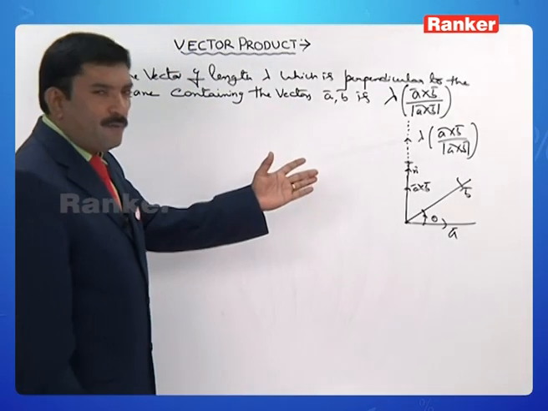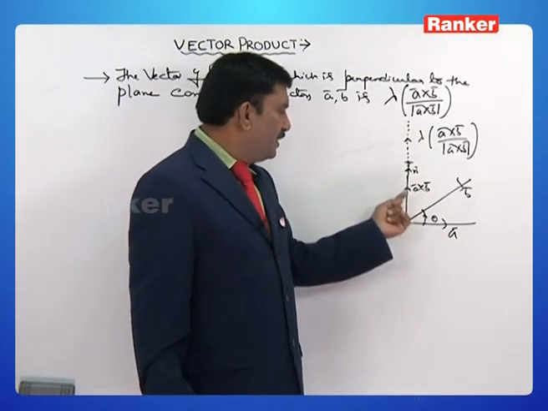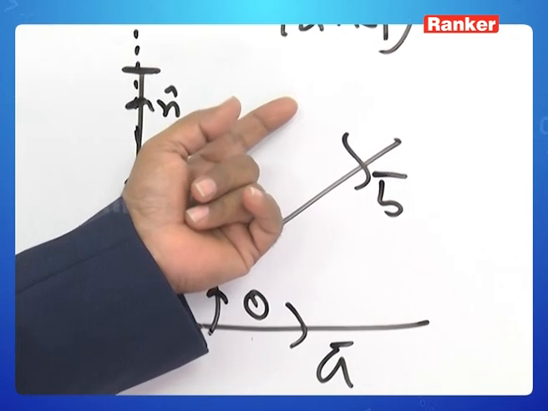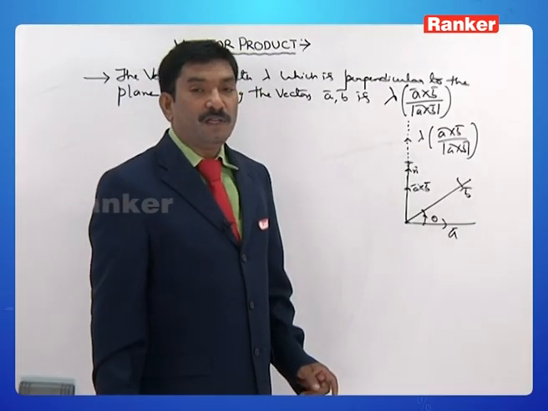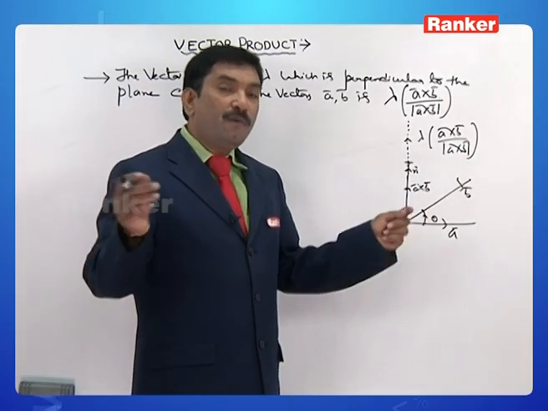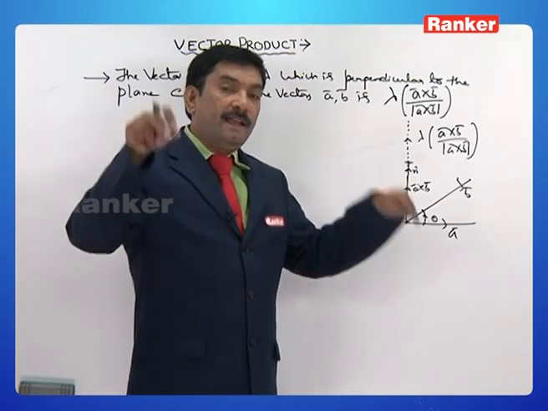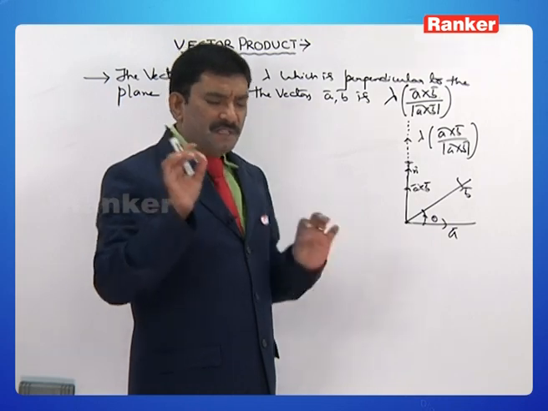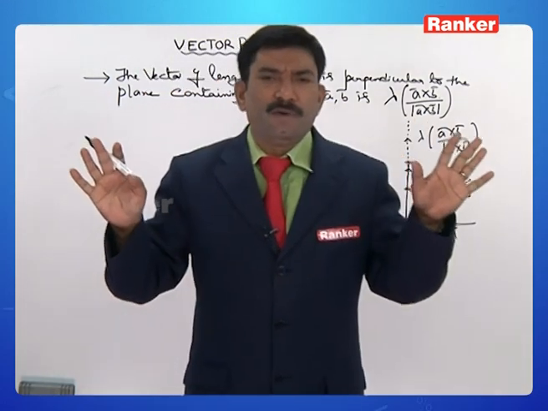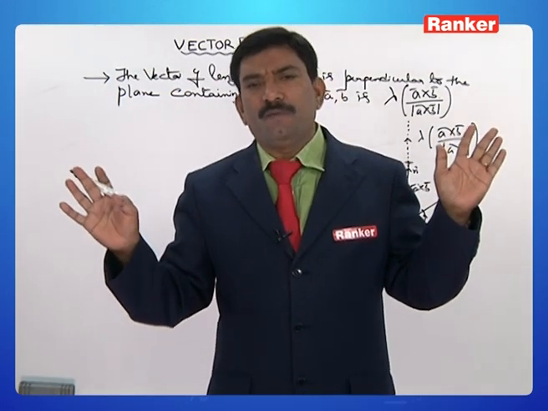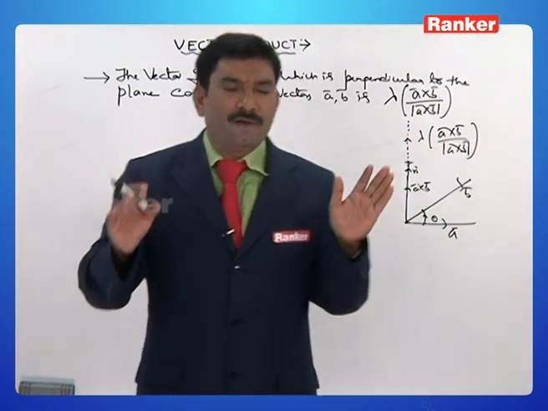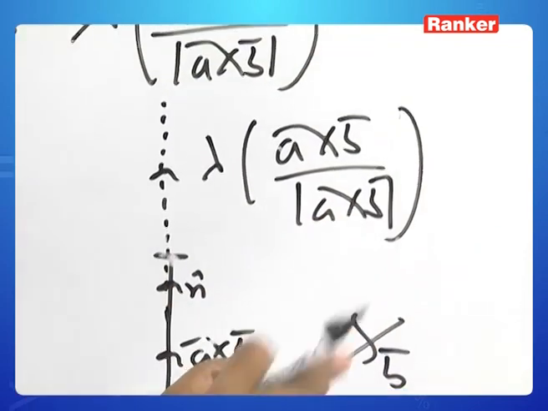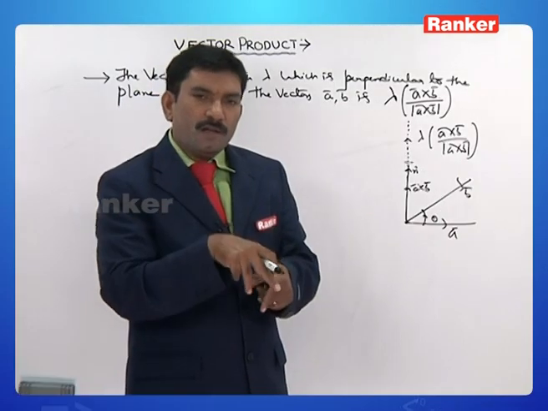Why? We made n cap equal to A cross B by modulus of A cross B. That is also a unit vector. I want a vector of length lambda which is perpendicular to both A bar and B bar, means you just multiply lambda into A bar cross B bar by modulus of A cross B. In turn, if you take the modulus of A cross B by modulus of A cross B, it will be 1. 1 into lambda.